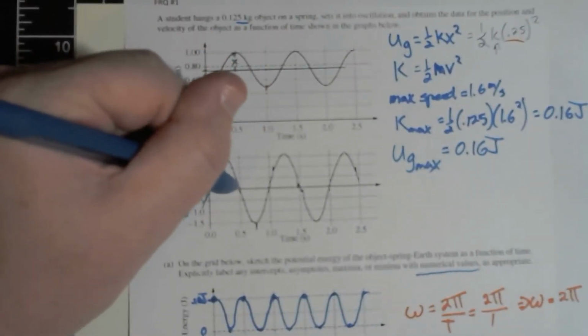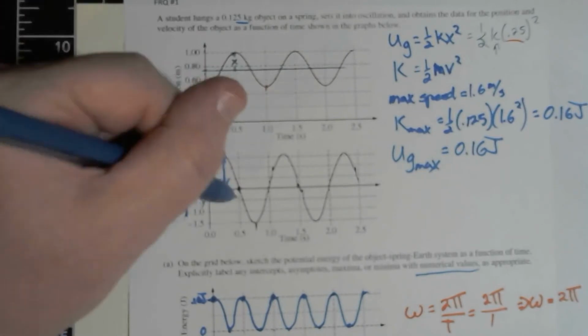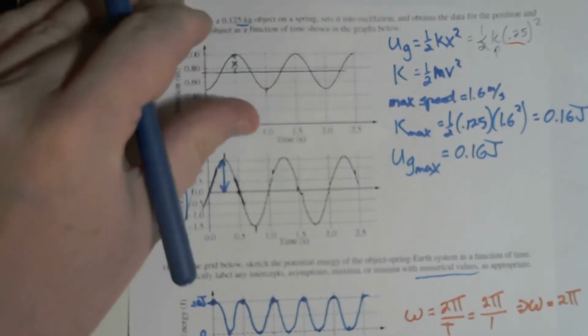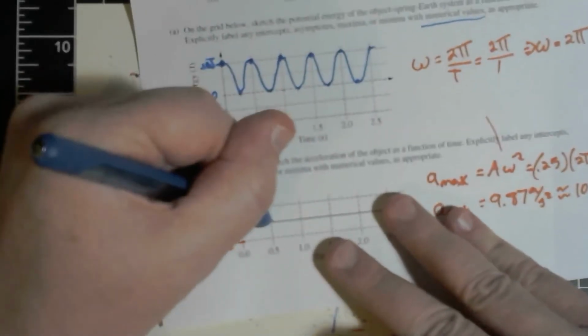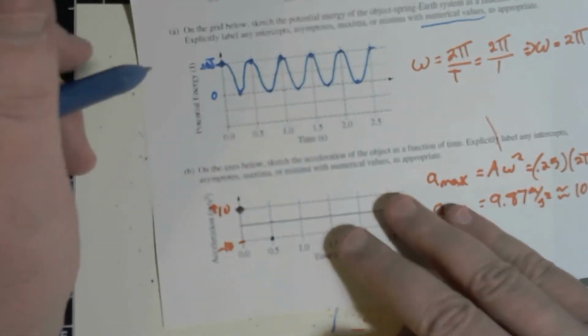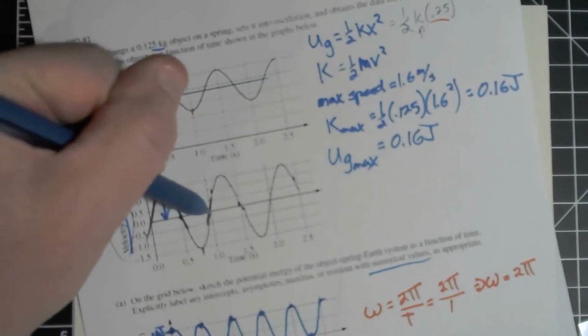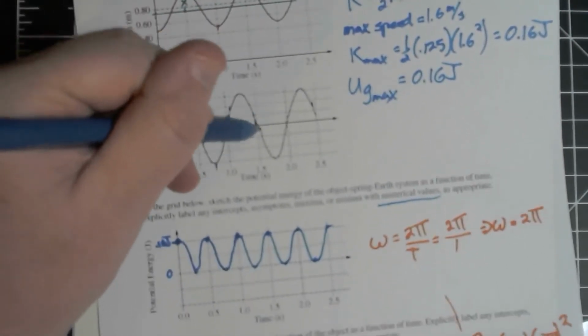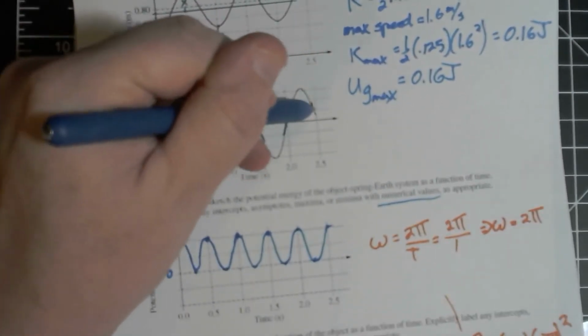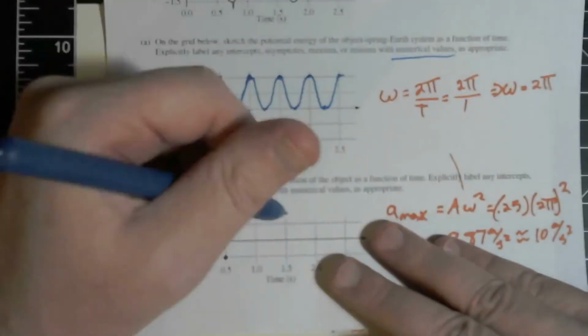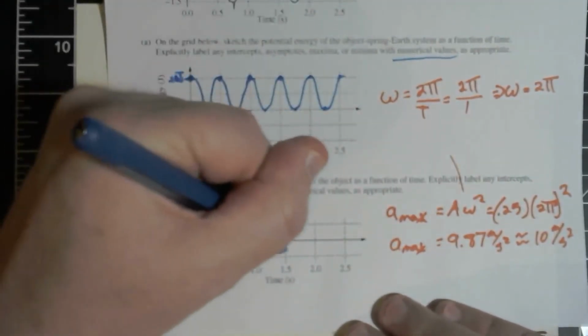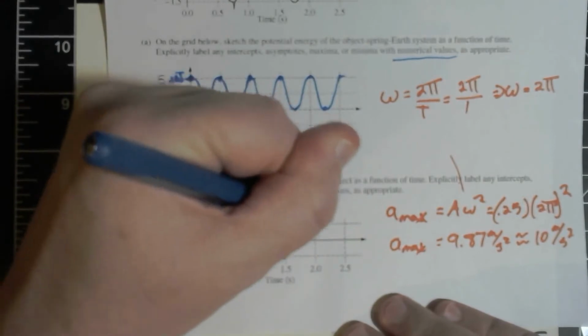Right here at the 1/2 second mark, the slope is negative. So that means at this 1/2 second mark, the acceleration has to be negative. So remember, slope is acceleration. And then you keep doing that. At 1 second it's positive, at 1.5 it's negative, positive, negative. And so we're going to oscillate back and forth between a positive and a negative every 1/2 second.